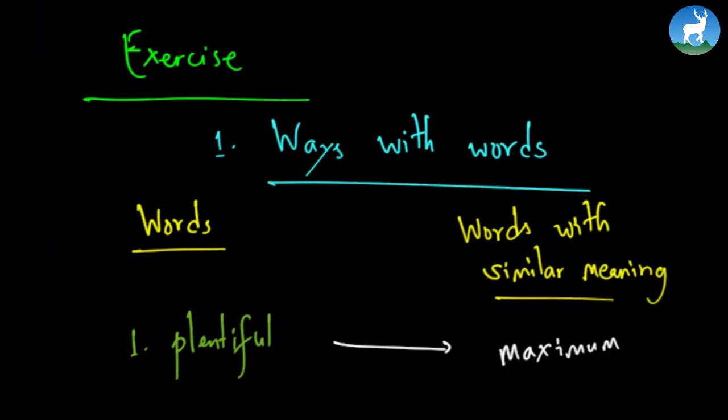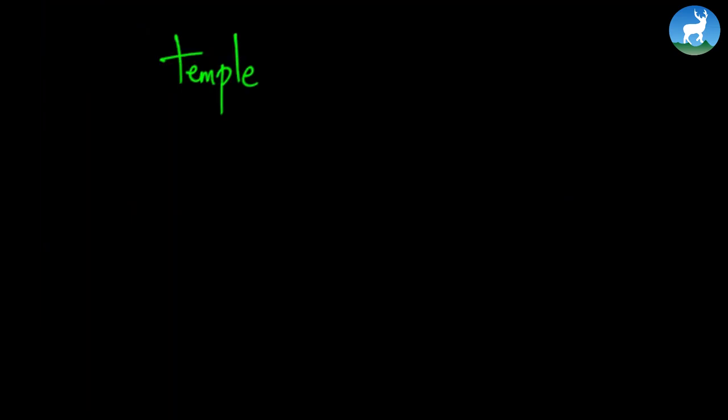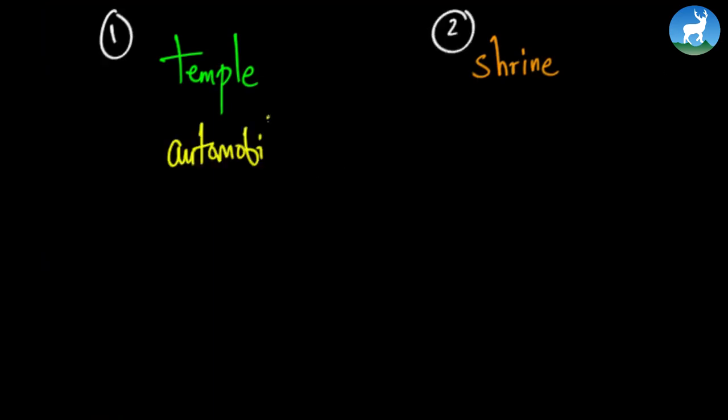Let's go on finding more words. Alright, then we have another word called temple, and the closest meaning to that word is in fact shrine. So we've got the word temple and the close word to that is shrine, followed by another word which is automobile, and the similar word is vehicle.